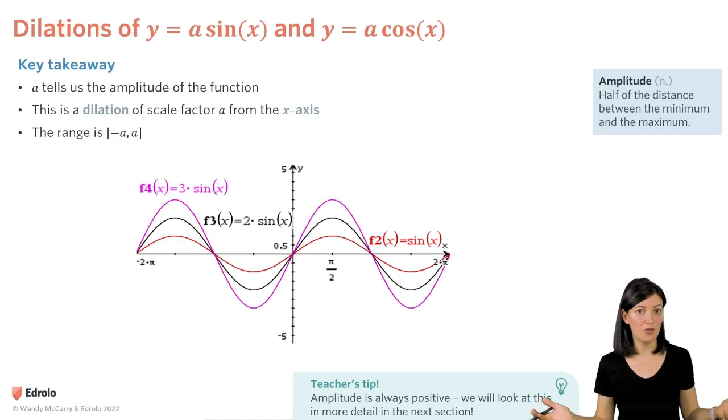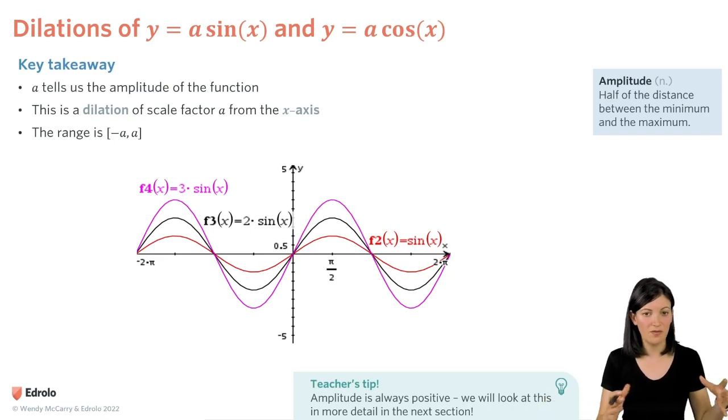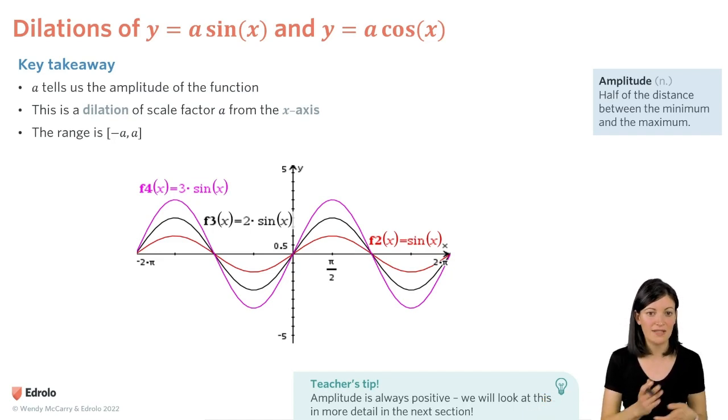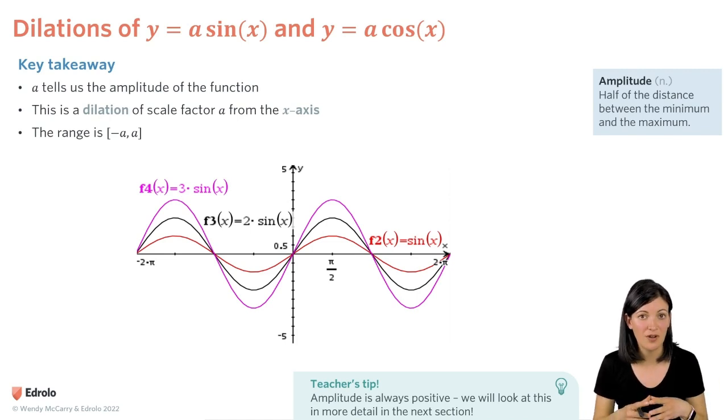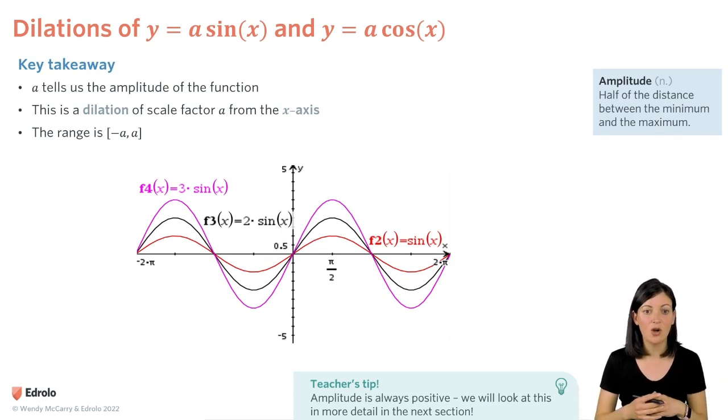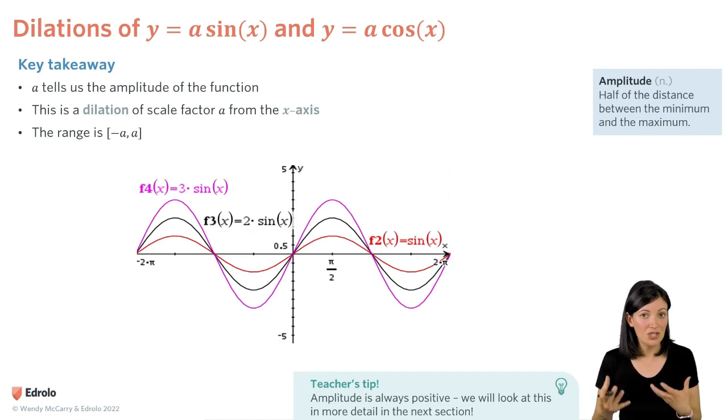Okay, so if you graphed all three of those functions, you should have got something like this on your CAS calculator, this screenshot here. And hopefully what you've discovered is that a tells us about the amplitude of the function. We know that in general, the amplitude of sine x is 1.